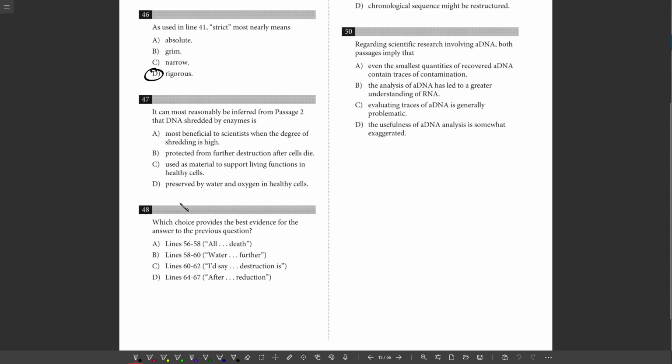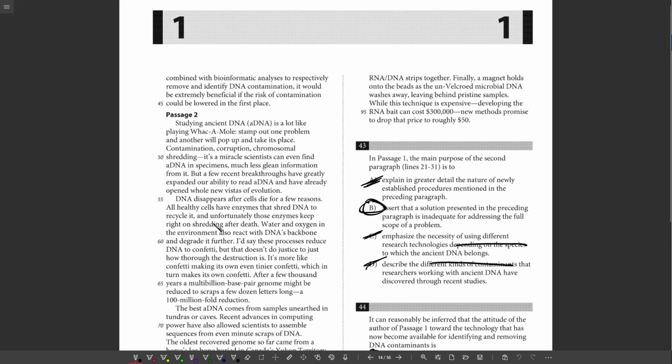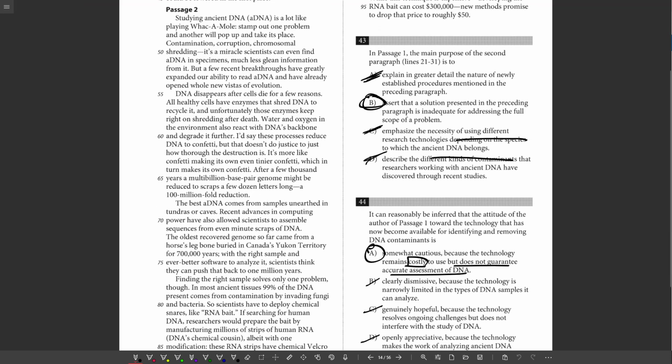47, 48. What can we infer from passage 2 about DNA shredded by enzymes? And we're looking from 56 to 67, so pretty narrow. And hey, what do I see right at the beginning? All healthy cells have enzymes that shred DNA to recycle it. And unfortunately, those enzymes keep right on shredding after death.